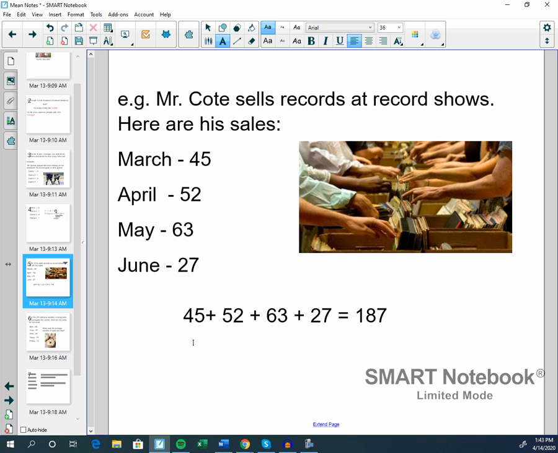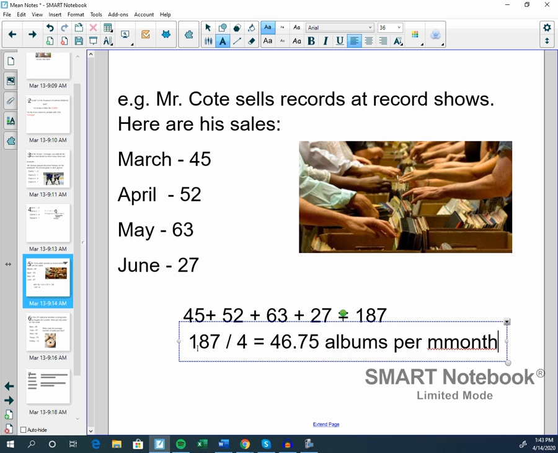And then you're going to take that 187 and divide by 4 and find the mean. So 187 divided by 4 equals 46.75 albums per month. That is what Mr. Cote sells. That is the average, the mean.